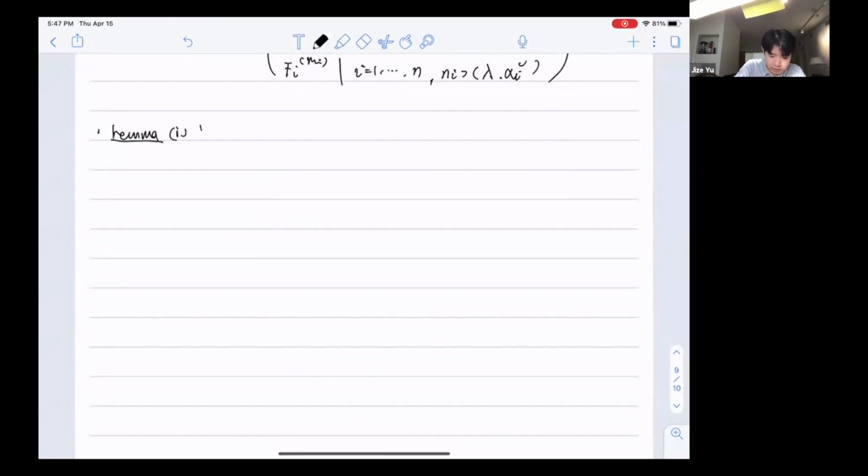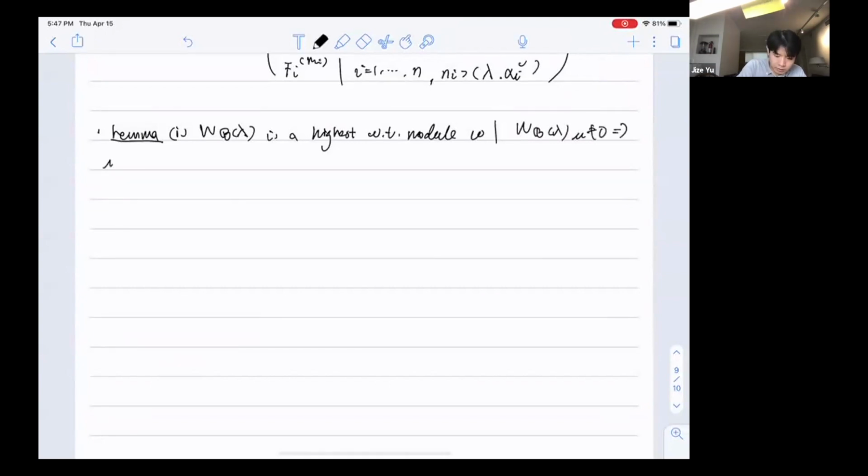So first of all, we know this quantum Weyl module W_B(lambda) is a highest weight module. And we know its weight space W_B(lambda)_mu is non-zero only if mu is less than or equal to lambda.